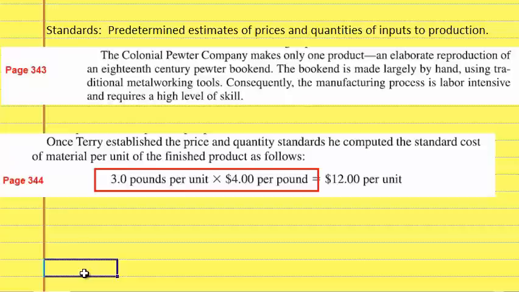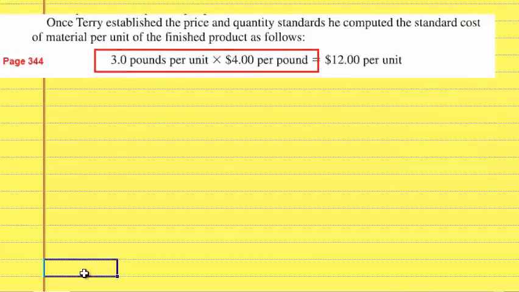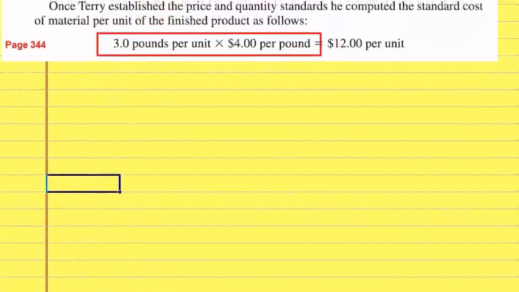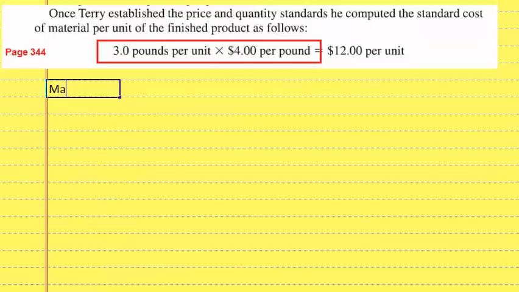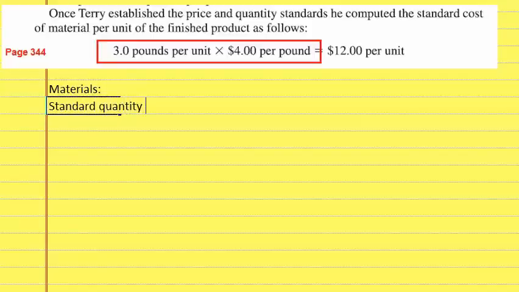This is going to be our largest structure to date, fairly large. So let's start out with our material standards. First of all, the standard quantity, which I'm going to abbreviate SQ in my formula. And then we have a standard price, which I'm going to abbreviate SP.